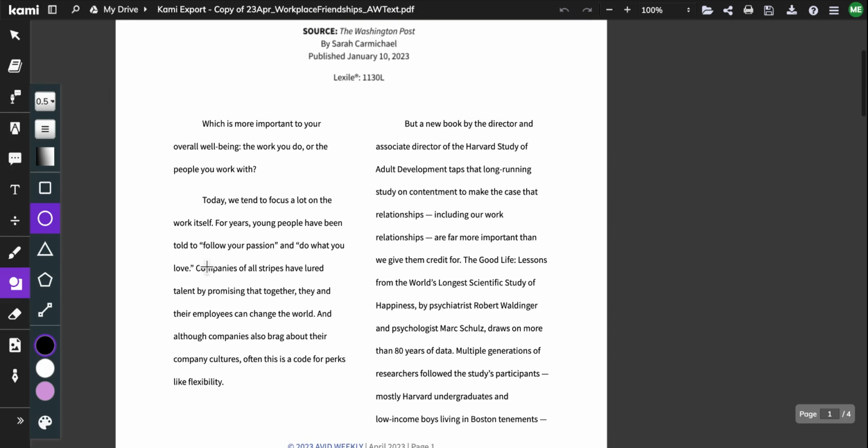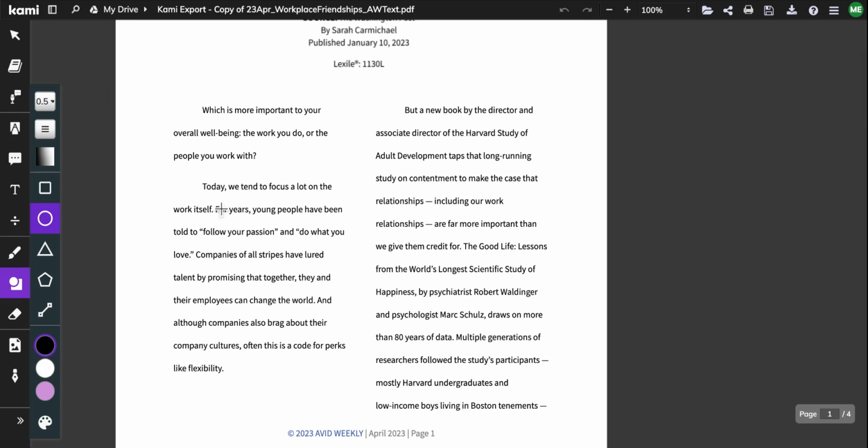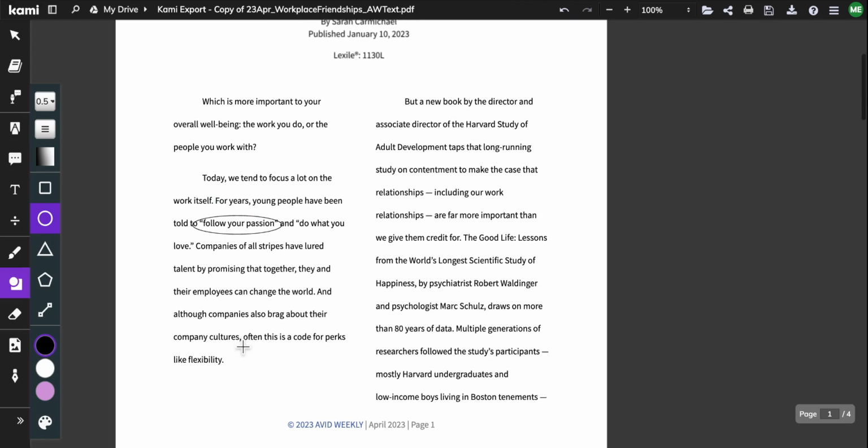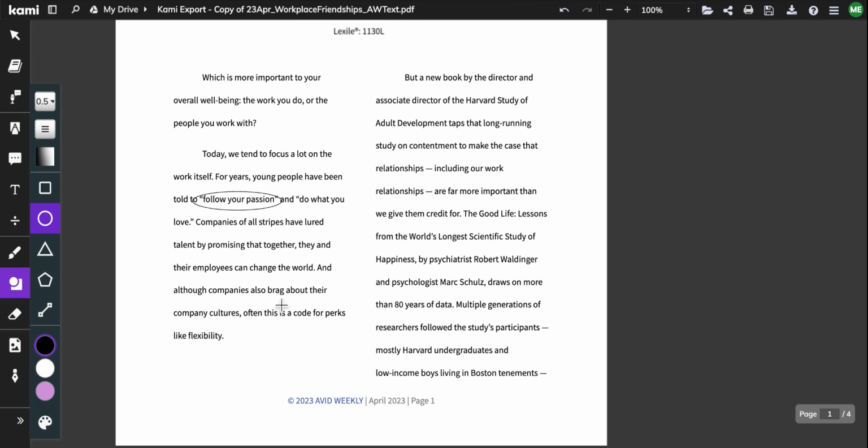If I'm reading this specific paragraph, it says, today we tend to focus a lot on the work itself. For years, young people have been told to follow your passion. I'm going to circle that. It's in quotation marks, follow your passion. I just feel that's trying to tell me something. So again, just circling.